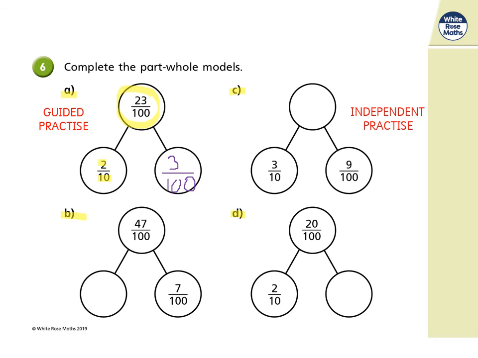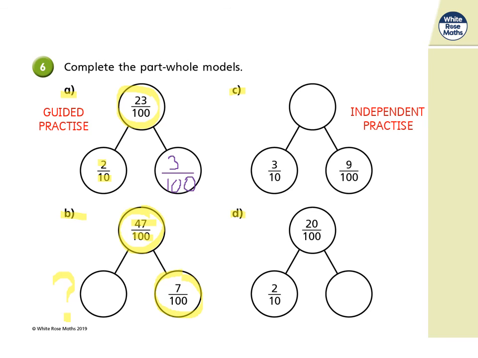We have here 47 hundredths as our whole. Now we've been given a part of that whole, but we need to work out what this missing part is. Now, we've already been given the 7 hundredths. So on our 100th grid, we would have 7 individual squares shaded out of a possible 100.